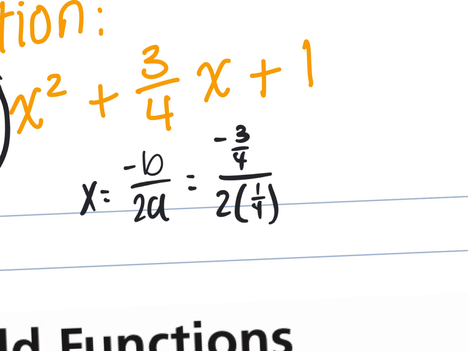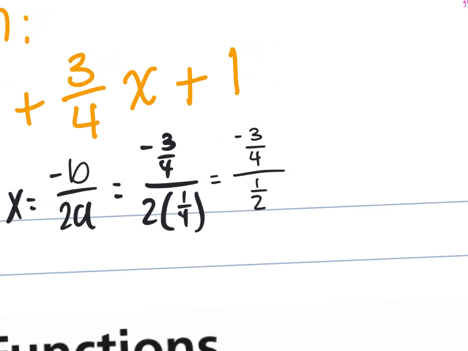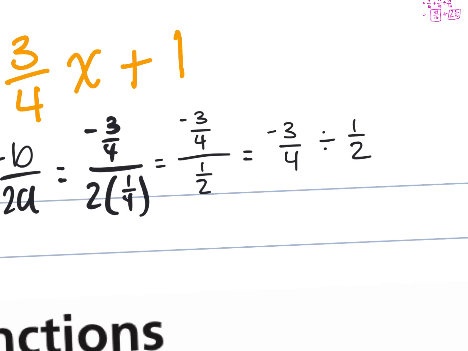Okay, what's 1/4 times 2? Very good, 1/2. So this is going to be negative 3/4 divided by 1/2. What do I do from there? Andrea? I set it up without the fraction mark. I put negative 3/4 divided by 1/2. Excellent. Very good.